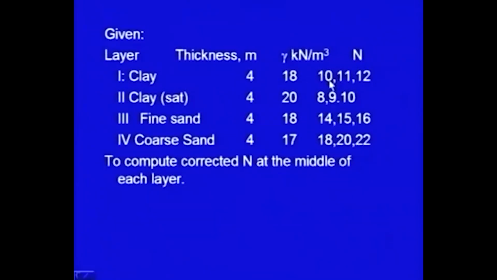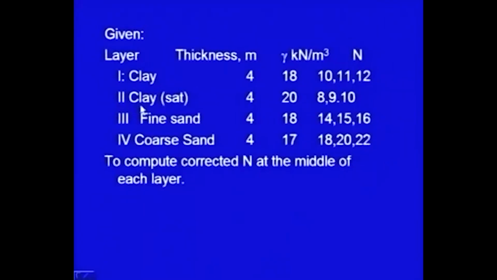Here I have shown 3 values: 10, 11 and 12. The first one is for the first 15 centimeter penetration, the second for the second 15 centimeter penetration, and the third for the third 15 centimeter penetration.